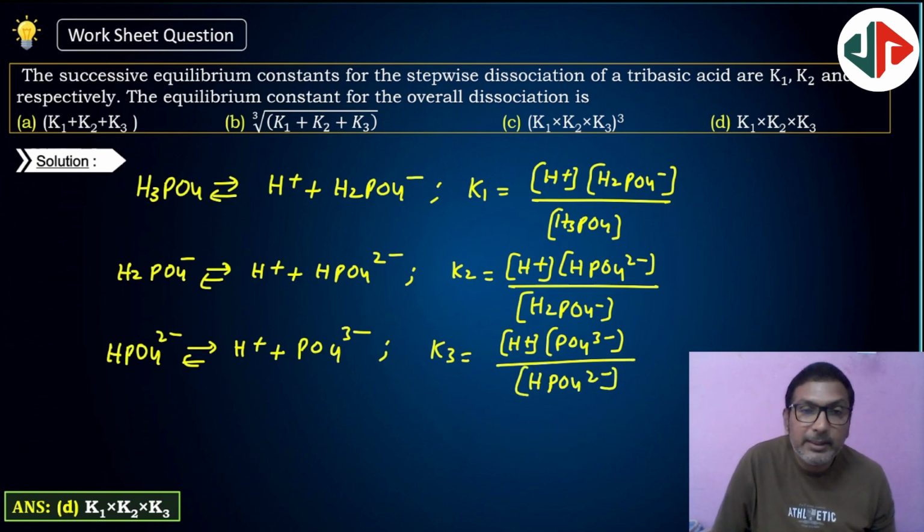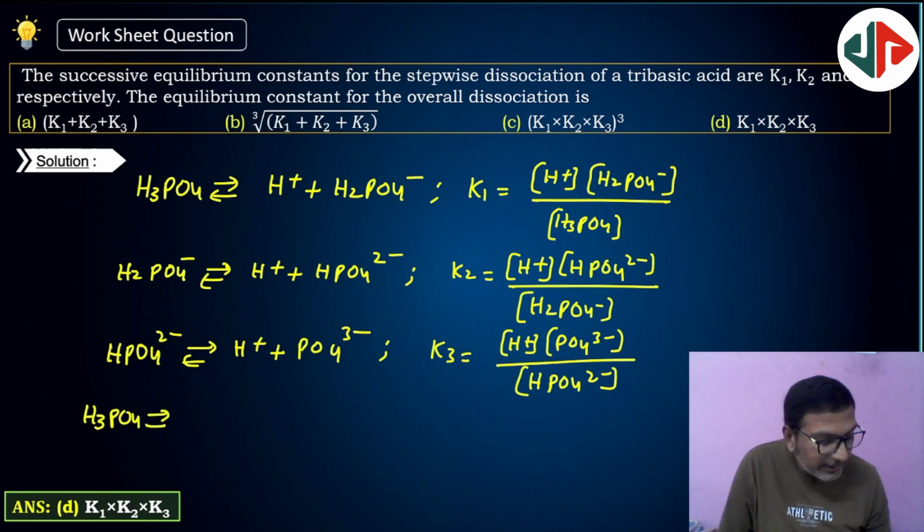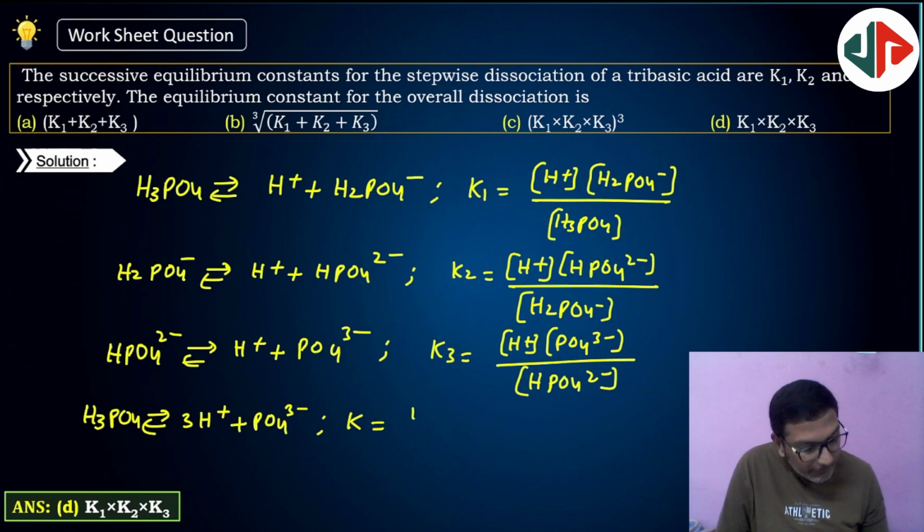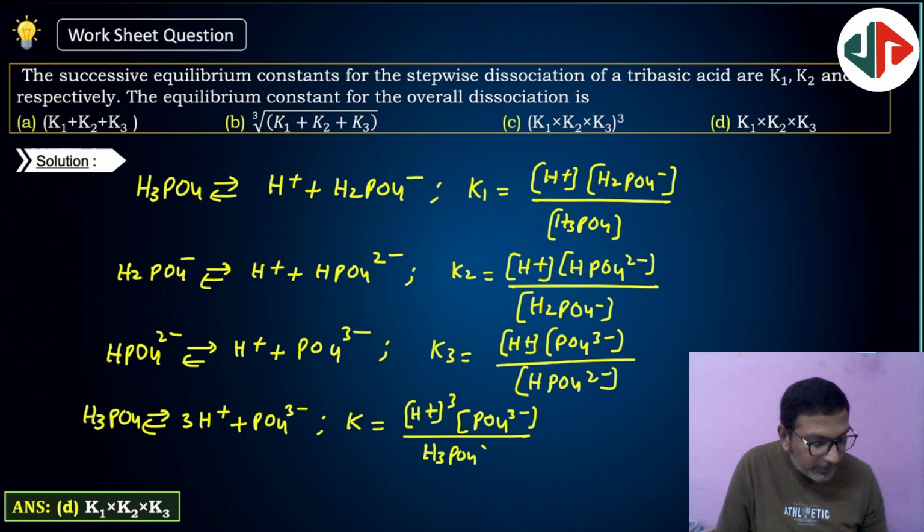So we can calculate overall dissociation: H3PO4 removes 3 H plus ions at the same time. Say overall constant K equals H plus cubed into PO4 3 minus by H3PO4.